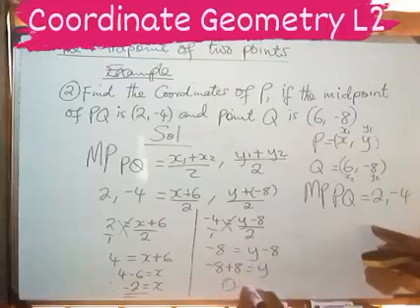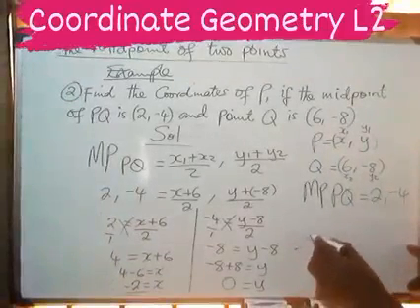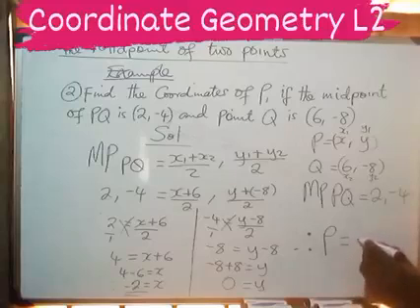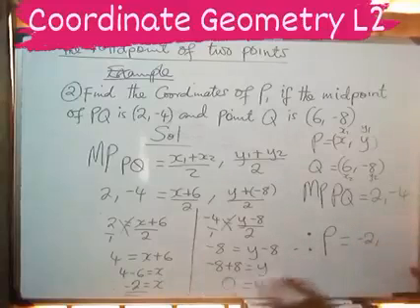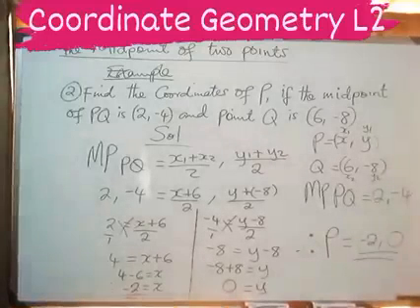So the answer there is 0. The value of y is 0. Therefore, the coordinates of P are negative 2, because negative 2 is the value of x, comma 0, where 0 is the value of y.